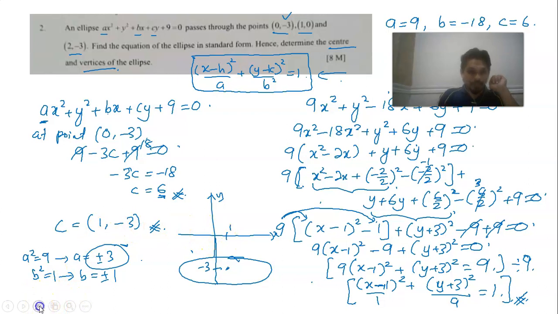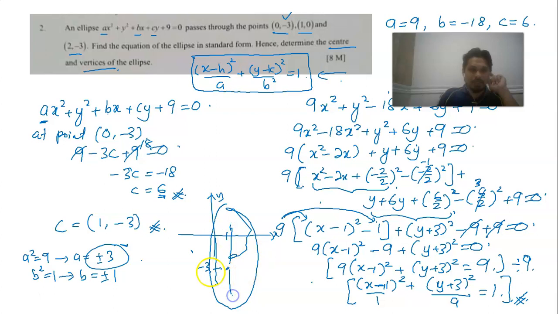Okay, class, I'm sorry, I made a mistake. It's not a horizontal ellipse, but it's a vertical ellipse. Okay, maybe something like this. So then the major axis, y and y here.